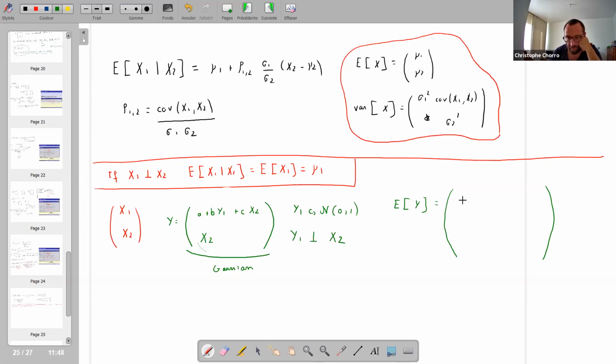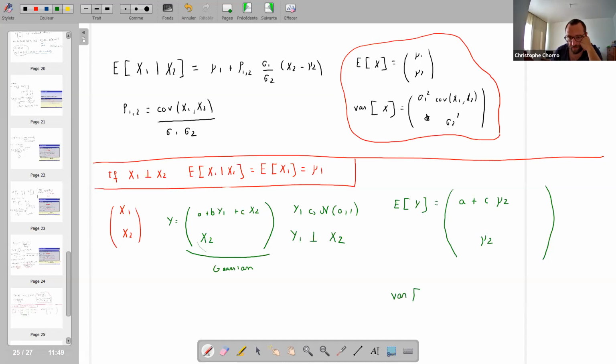So I have a plus 0 because the expectation of y1 is 0, plus c, the expectation of x2. And I can write directly that the expectation of x2 is equal to mu2. What is the expectation of the second? It's simply mu2.